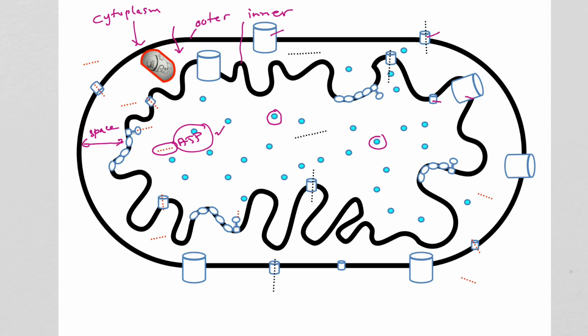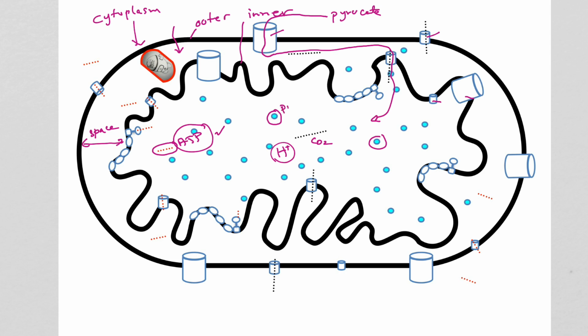For example, the pyruvate that was made in the cytoplasm from either glucose or some other fuel will travel into the mitochondria, and there the pyruvate will eventually be oxidized to carbon dioxide, and out of that will come protons.